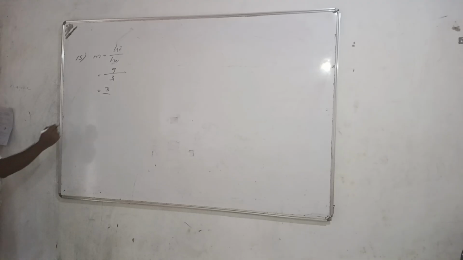So question B. You cannot project this image on a screen. It is because it is a virtual image. A virtual image cannot be caught on a screen. So that is the answer.